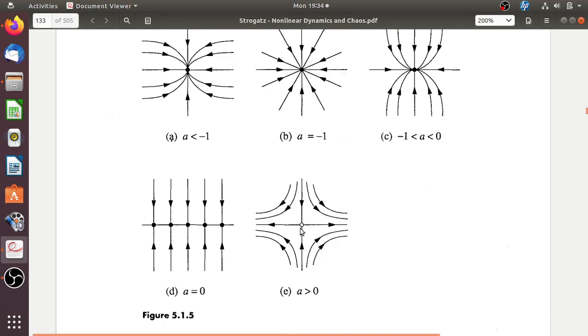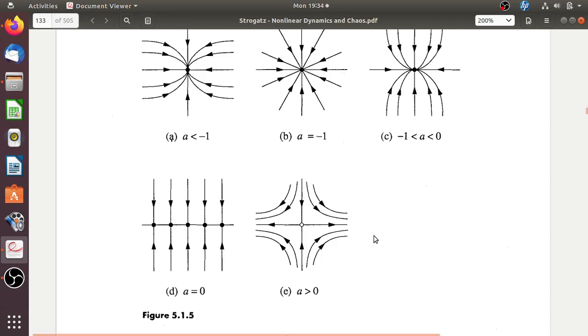So it's not exactly stable, but at the same time not unstable. This kind of equilibrium point is known as a saddle node.